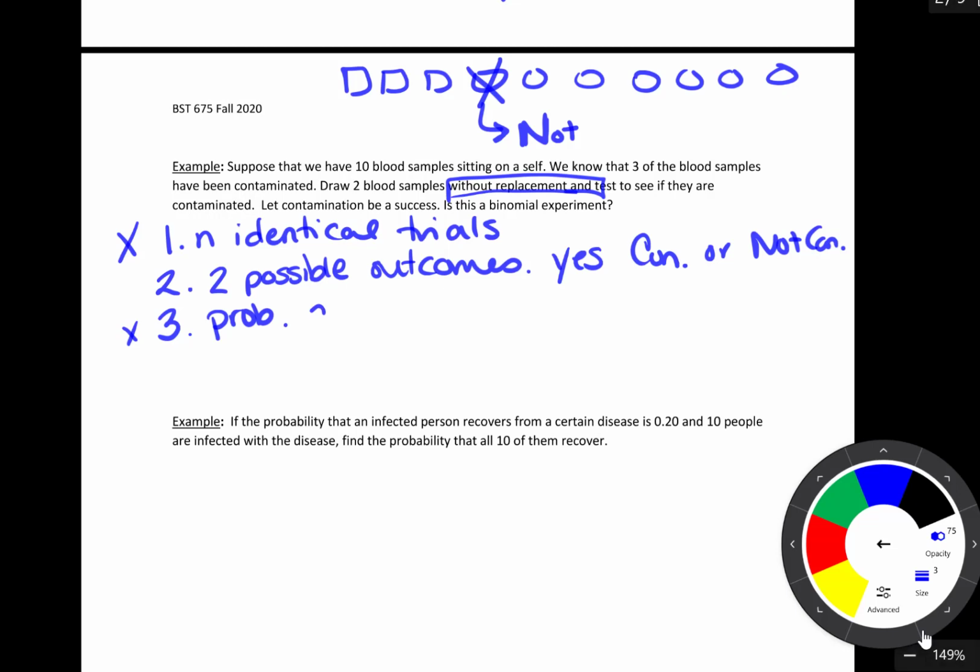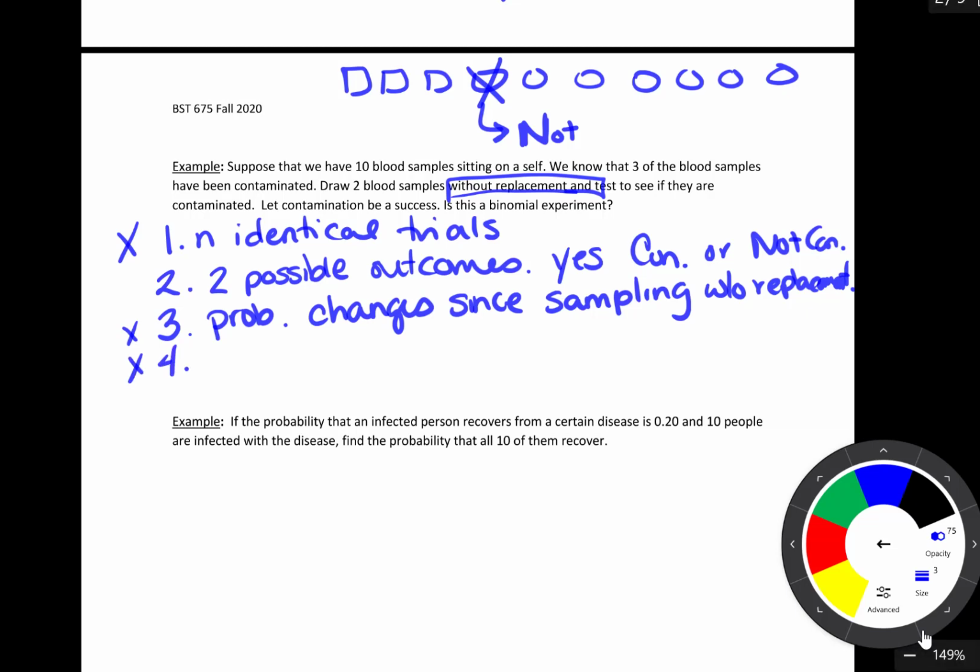But notice in this case the probability changes since we're sampling without replacement. Are the trials independent from one another? And the answer here is no, the trials are dependent, and we talked about that a moment ago. And then finally, y does equal the number of contaminated.